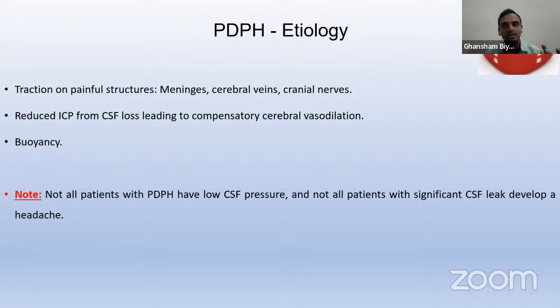Whenever there is a traction on the pain-sensitive structures, including the meninges, dura mater, skin, and the cranial nerves, the patient will develop headache, which is going to radiate to the lower part of the neck and the shoulder area. The second important thing is that loss of CSF results in compensatory cerebral vasodilatation, because according to the Monro-Kellie principle, the volume of the skull has to remain constant. So whenever there is a loss of CSF, the brain is not going to get enlarged. So it comes at a cost of causing a cerebral vasodilatation.